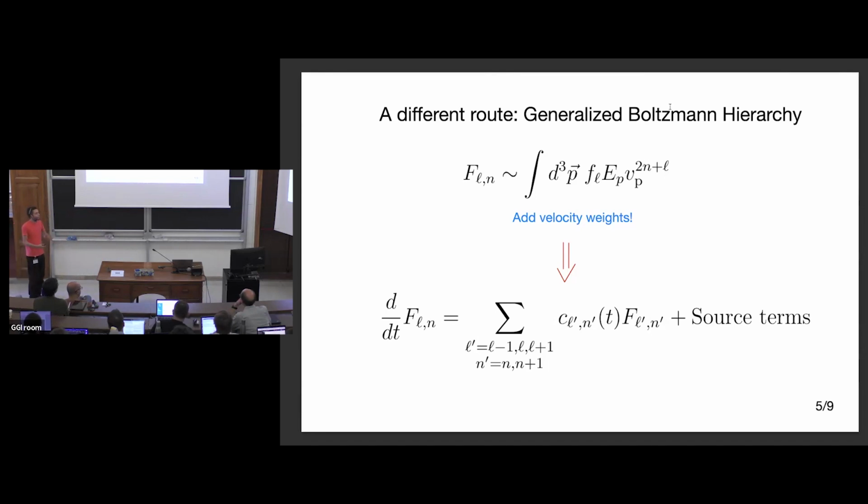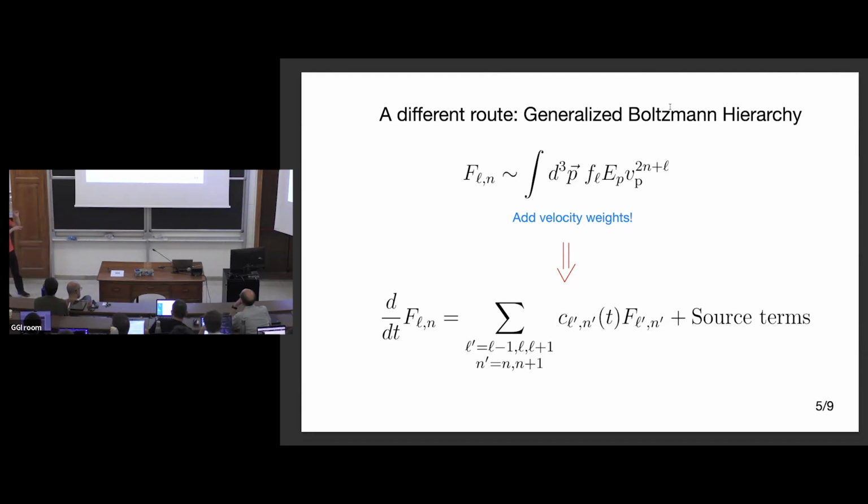And the whole point is that in terms of those quantities, you get equations of motion for these F_LNs. It's a completely closed system of equations. You integrate out phase space completely. I don't really care too much about the specific structure of the equations, but these F_LNs couple to each other.